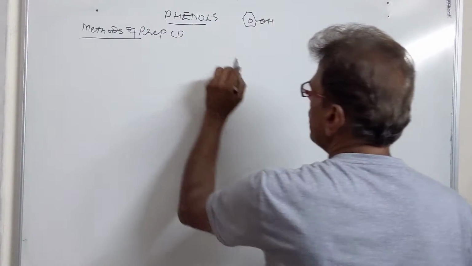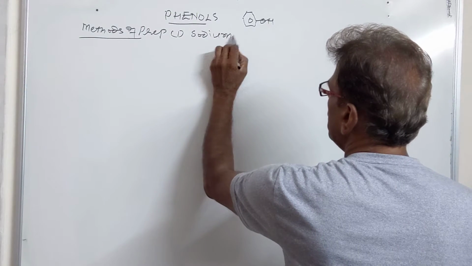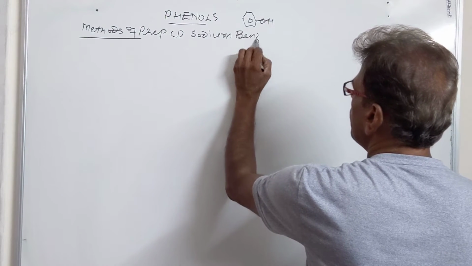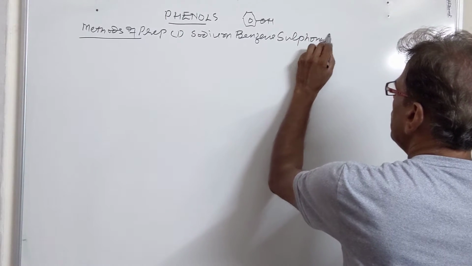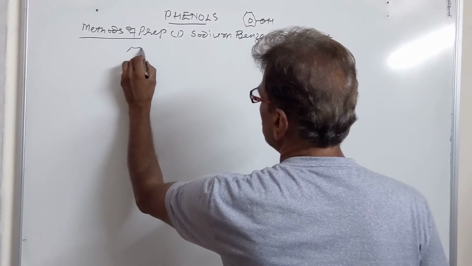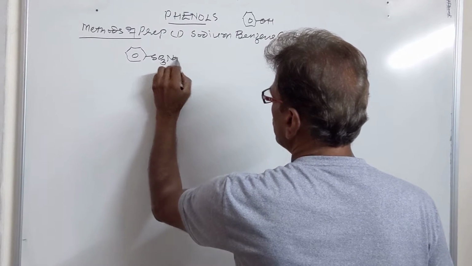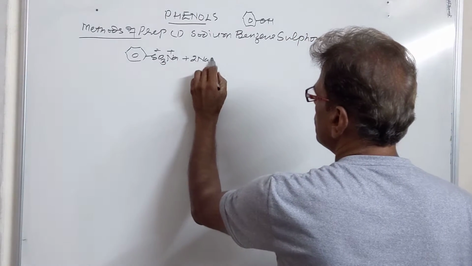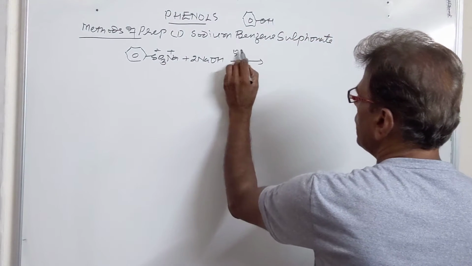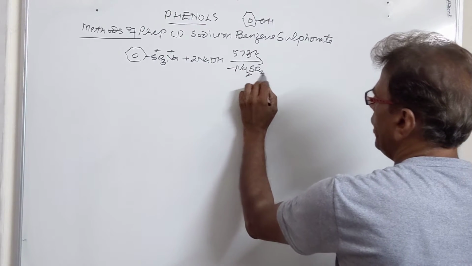First method of preparing phenol is from sodium benzene sulfonate. When the sodium salt of benzene sulfonic acid is heated with sodium hydroxide at 573 Kelvin, we will be eliminating a molecule of sodium sulfite.